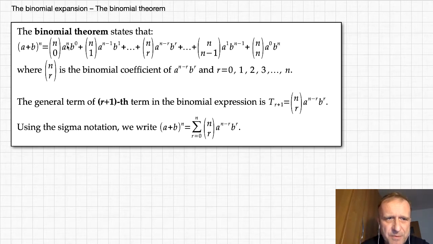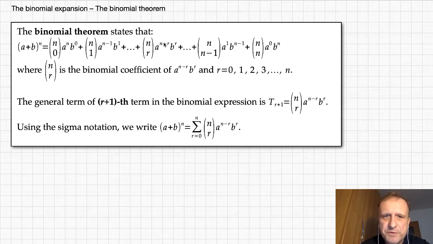Moreover, the sum of the powers of a and b should always be n. So n plus 0 is n, n minus 1 plus 1 is also n, n minus r plus r is again n, 1 plus n minus 1 is n, 0 plus n is n.